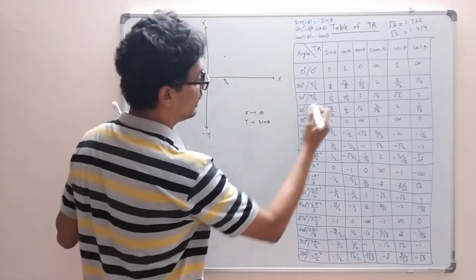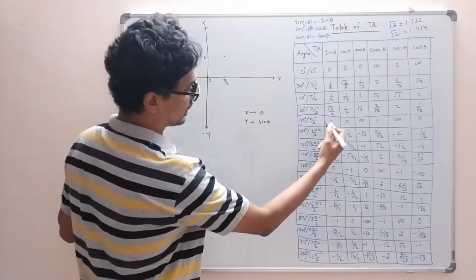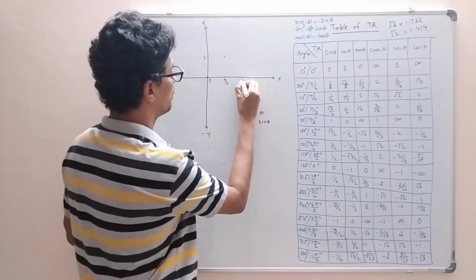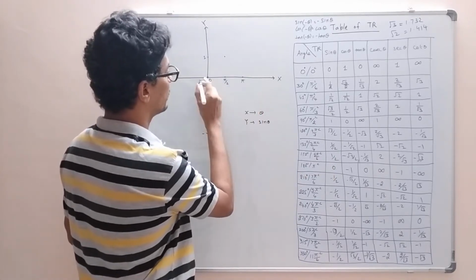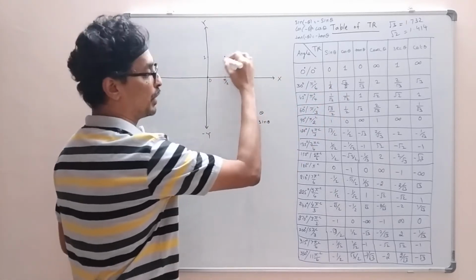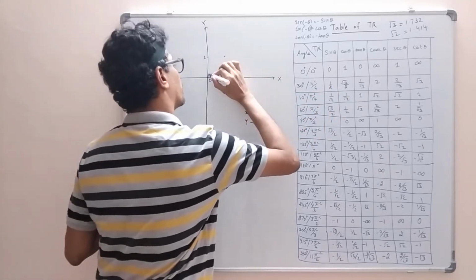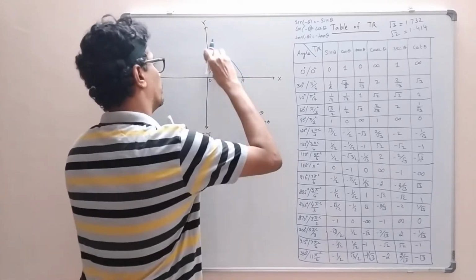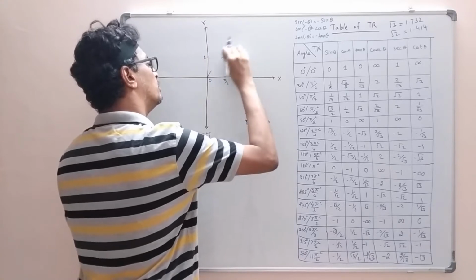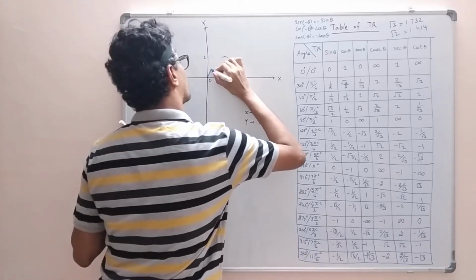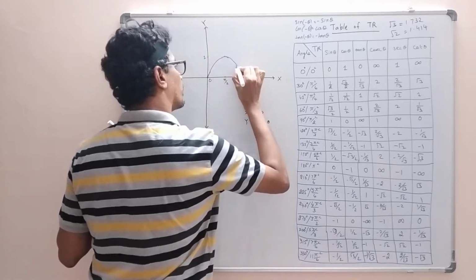And then next I am going to have here pi, so at pi, sine becomes 0. In between it has a different value, like 1 by 2, and it is going to have a shape something like this. It will be a very smooth curve. I am not able to draw the smooth curve, so let us try to see like this.